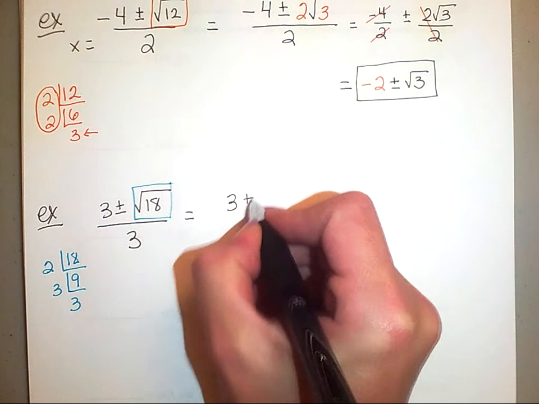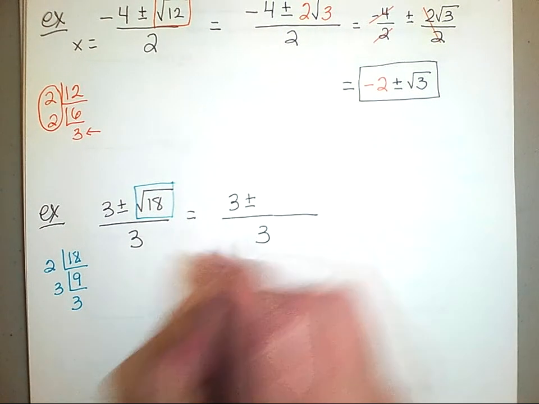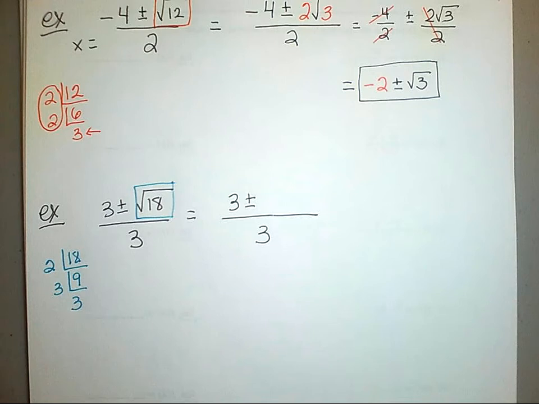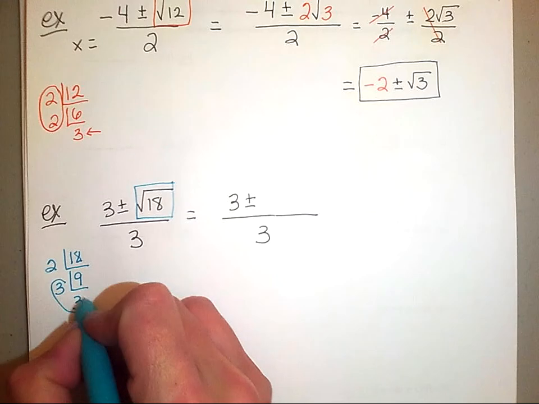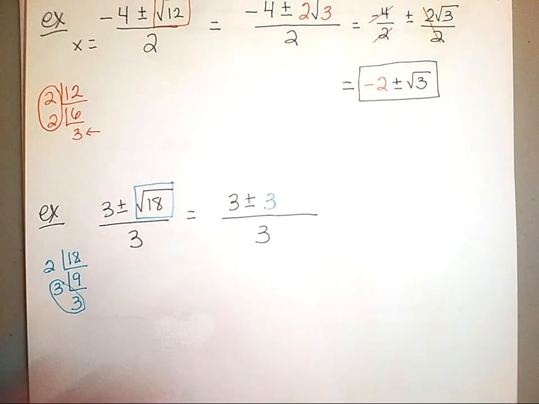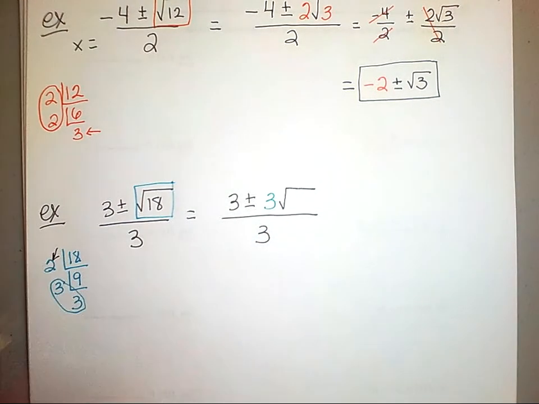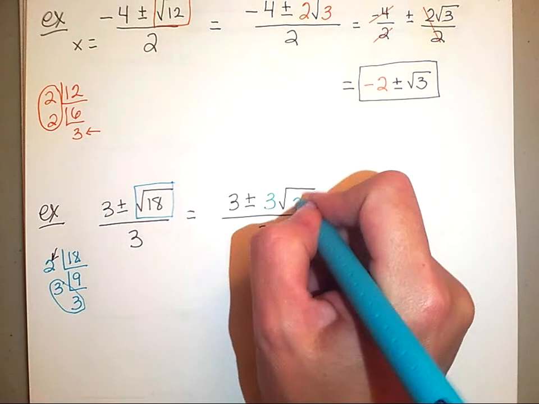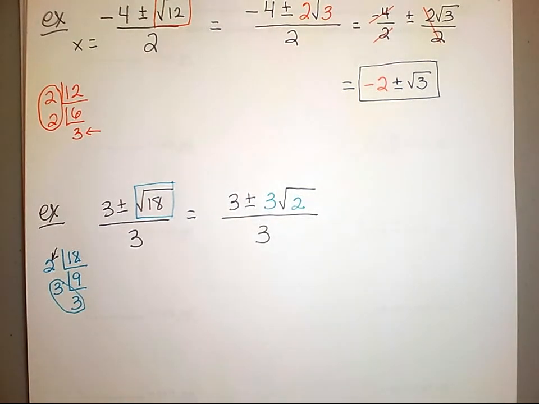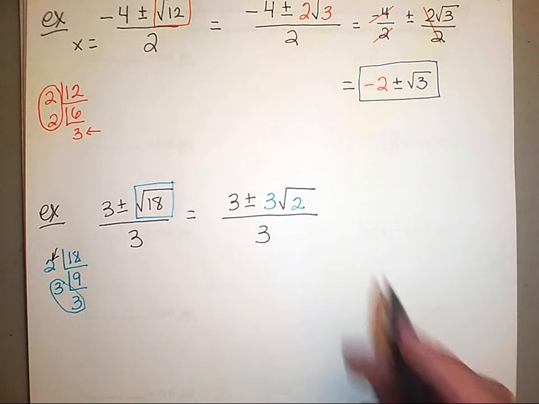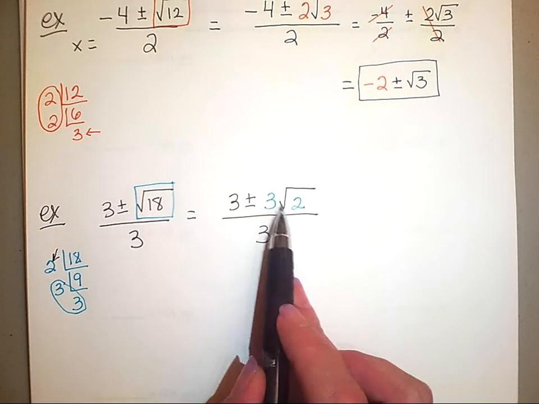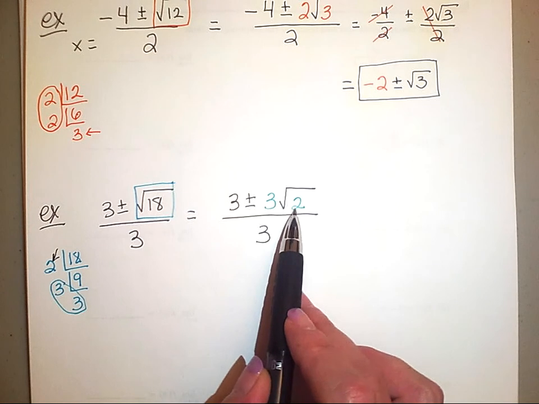So this is equal to 3 plus or minus all over 3. Now the square root of 18, there's a group of 3's, so I can pull that out. And then underneath this radical, I just have to put what is left, and what's left there is 2. So the square root of 18 is 3 times the square root of 2.